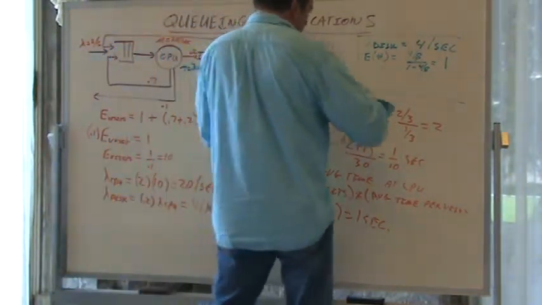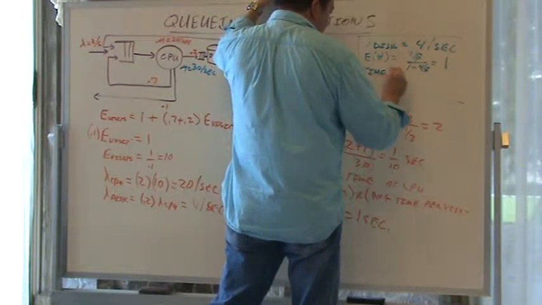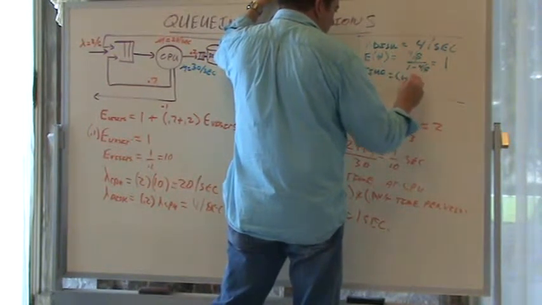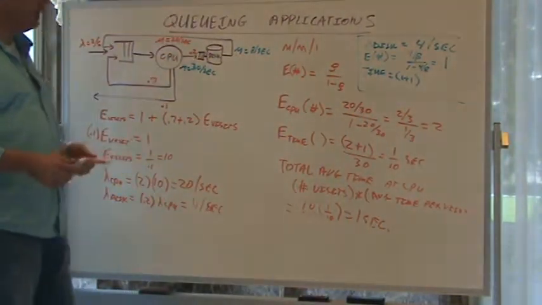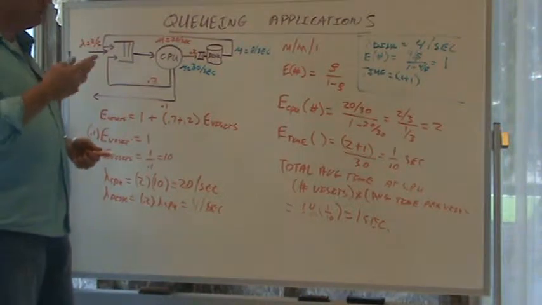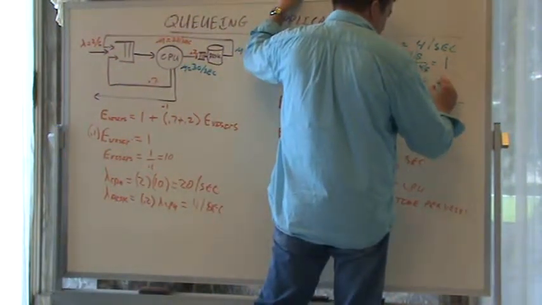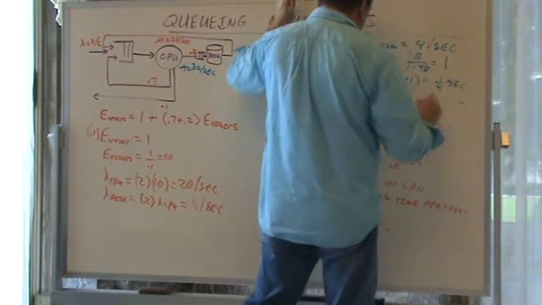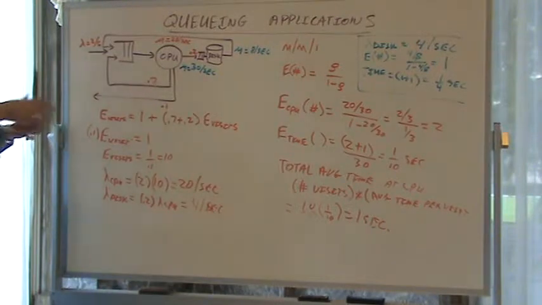So that's 2. So the expected time equals 1 plus 1, divided by 8 per second, since it moves at a speed of 8 per second. So 2 divided by 8 would be 1/4 of a second. So that's a pretty fast disk drive relative to the CPU.